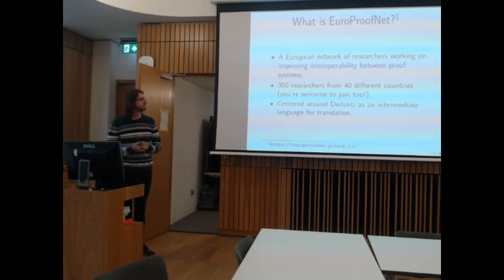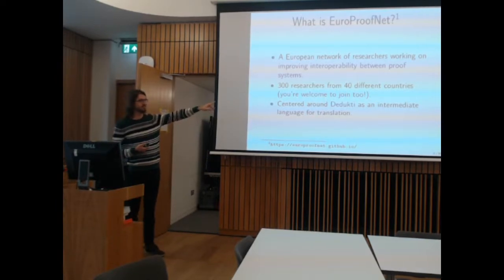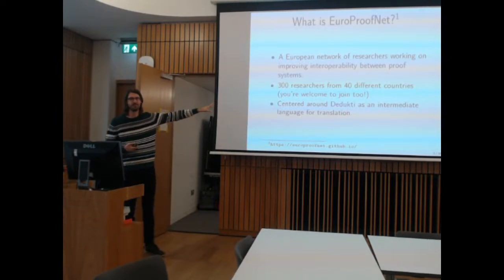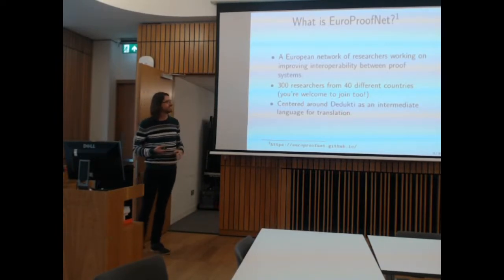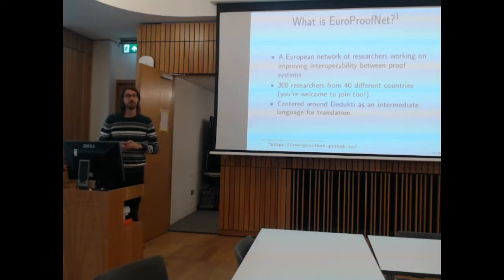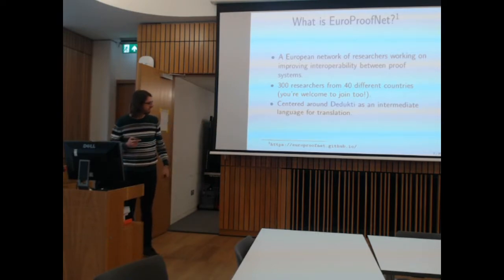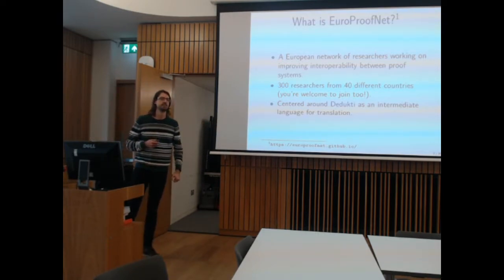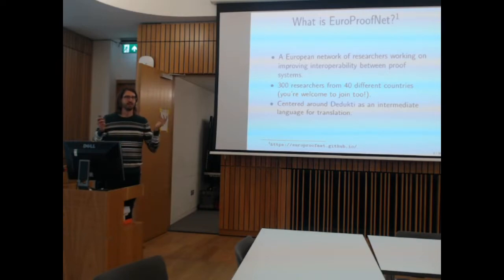We're also considering those. It's quite big, but it's easy to join, so it's maybe not as impressive as it looks, but there's 300 researchers from 40 different countries, and if you want to join, you can. You can apply on the website, which is EuroProofNet.github.io. You will get updates, and you will get invitations to come to the various meetings.